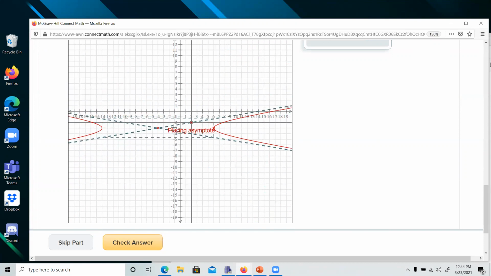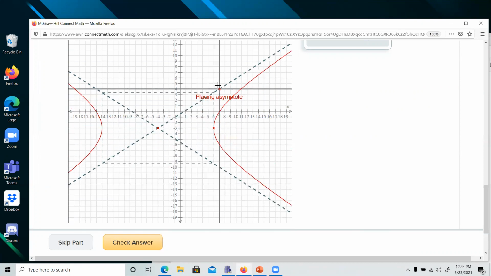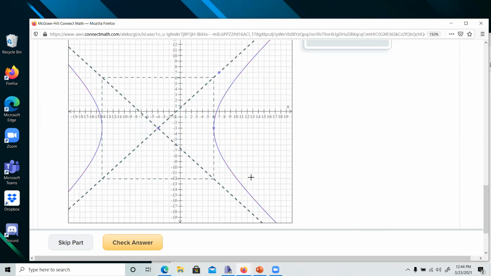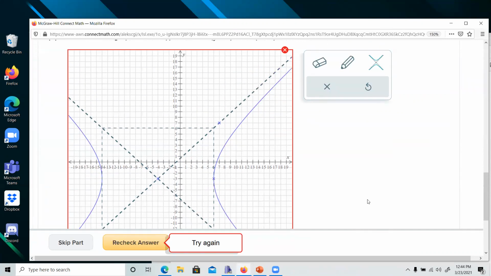And then place the asymptote. We went up 10 points from here. So -3 plus 10 should be up here at 7.